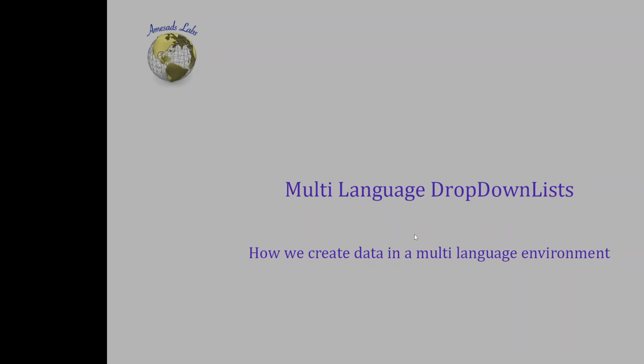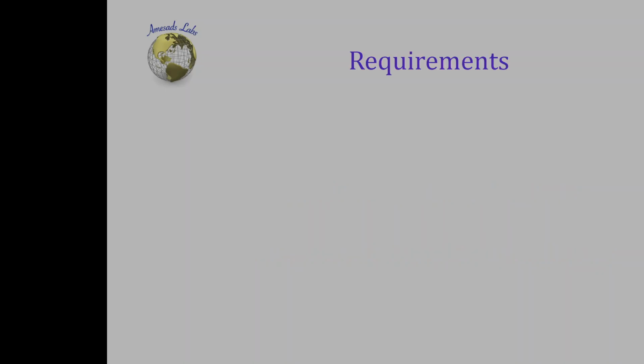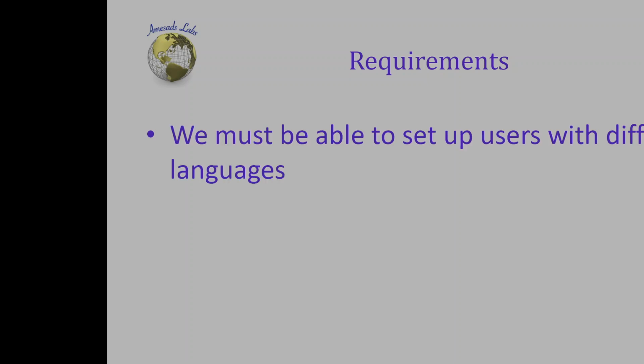Multi-language drop-down list: how we create data in a multi-language environment. Let's start with the requirements. We must be able to set up users with different languages. Why is that? Maybe our customer is a company with different departments in multiple regions with different languages.